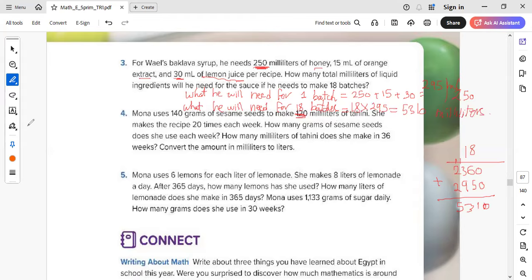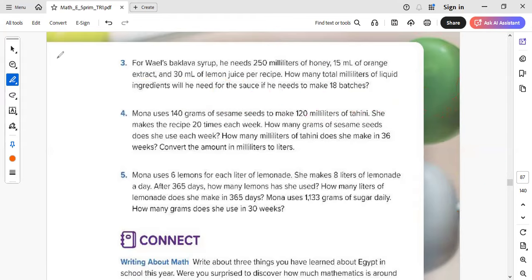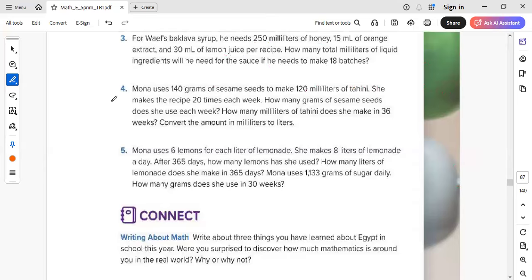So in this problem number 4, we need to find how many milliliters of tahini does she make in 36 weeks. So we have to find what she uses of sesame seeds each week.